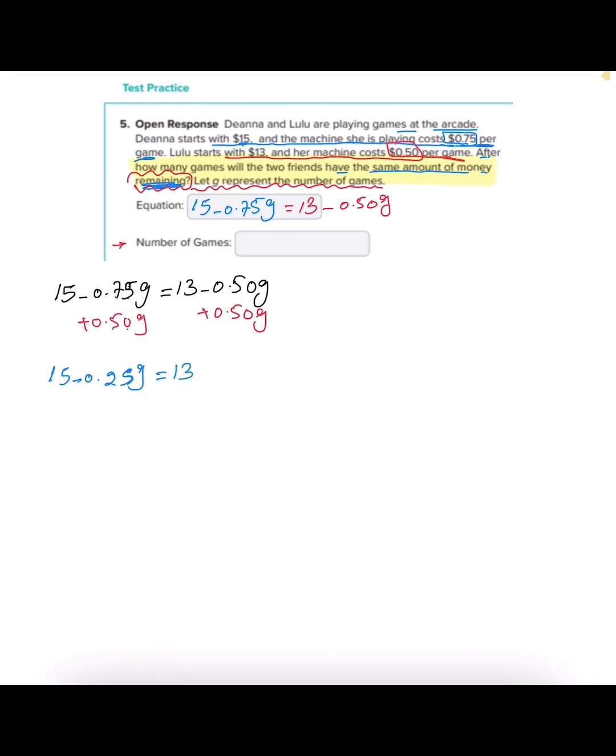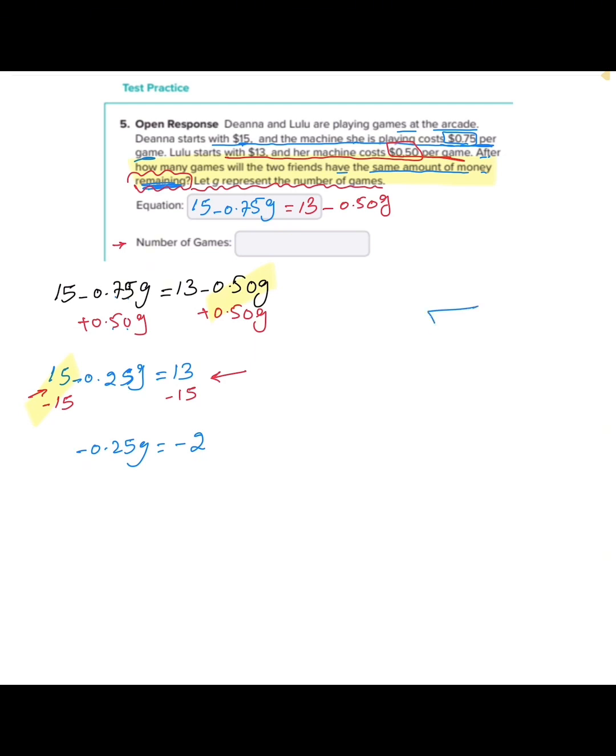Now we must put the variable on one side and the number on the other side, so I will subtract 15 from both sides. 15 minus 15 is 0, so the first side has minus 0.25G equal minus 2, since 13 minus 15 is minus 2.